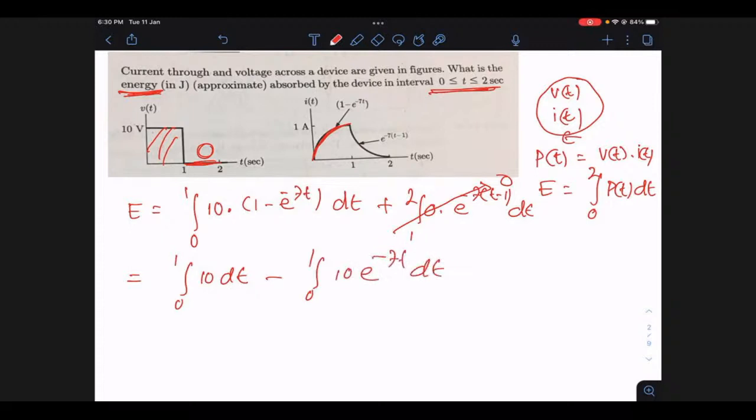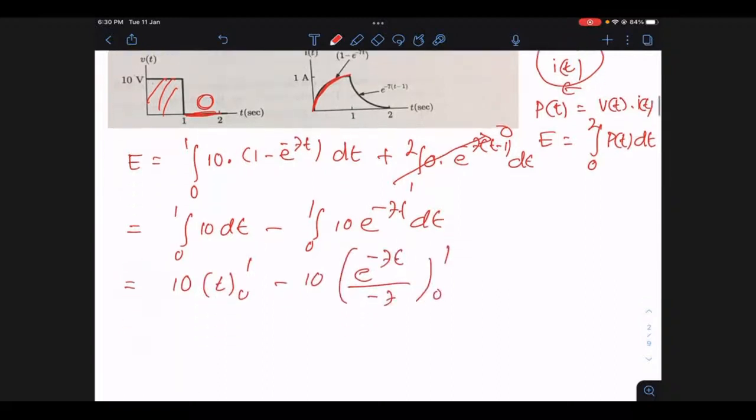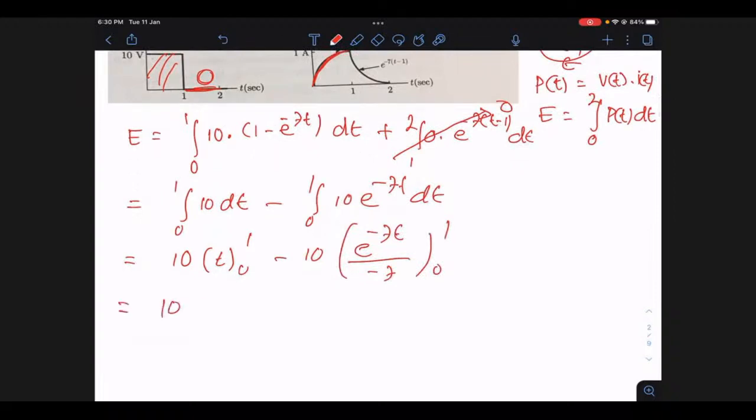If you simplify this, the first term is 10 with limits 0 to 1. The second is minus 10 times e raised to power minus 7t divided by minus 7, again with limits from 0 to 1. I think we can take this 10 outside.